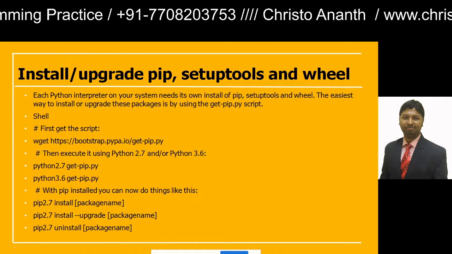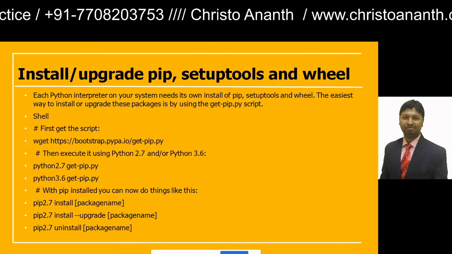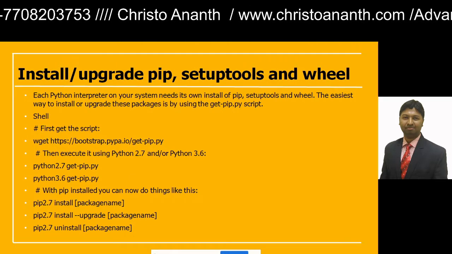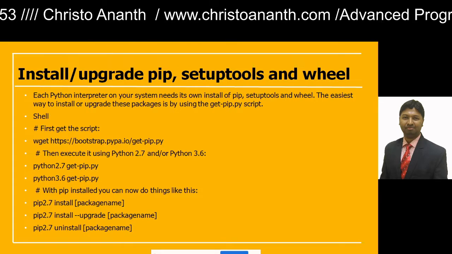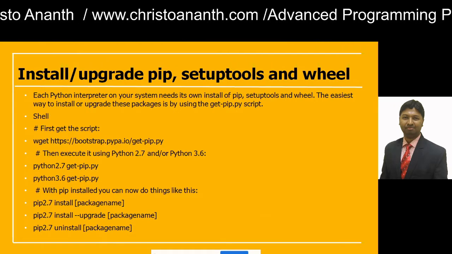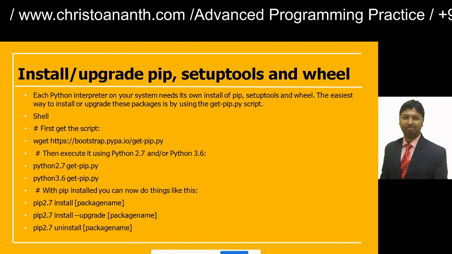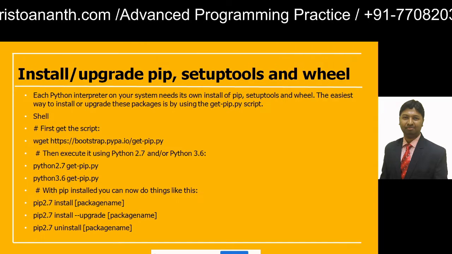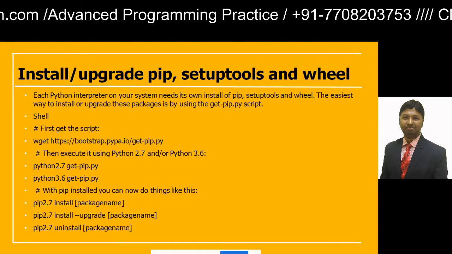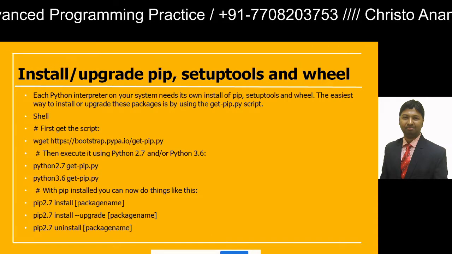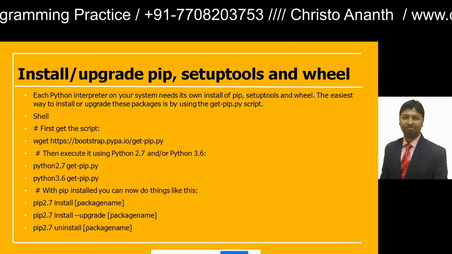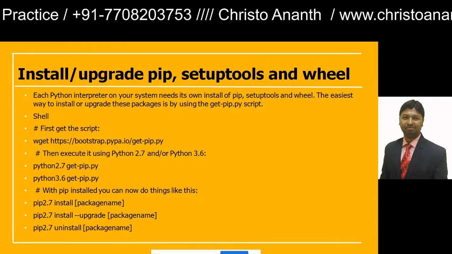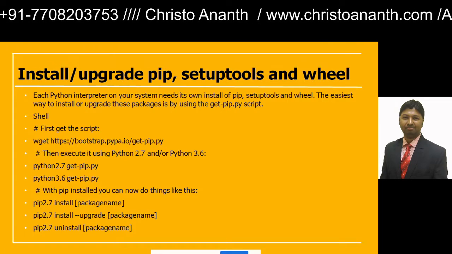Even after setting up all this, the development tools and changing the directory, you can go with the installation or upgrade of pip, setuptools and wheel. So first of all, you get the script: wget the bootstrap from pypa.io, get-pip.py, and then you execute it with the Python 2.7 version or the 3.6 version.